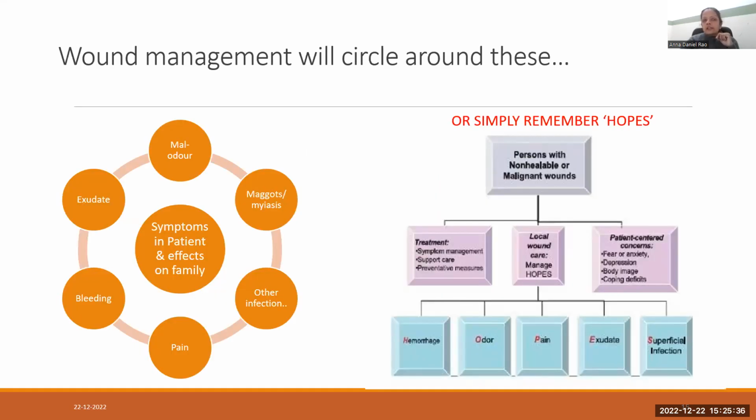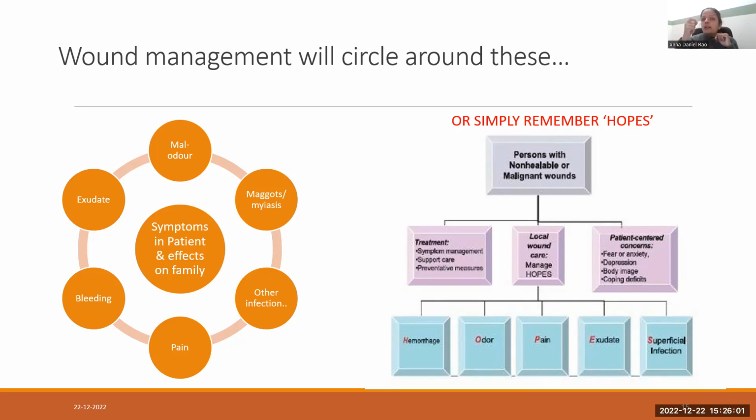Okay, now let us come to the management. So basically all the four aspects we are going to manage. Our care will revolve around these factors: reduction of pain, right? Then bleeding should not occur. If it occurs, then how to manage it?